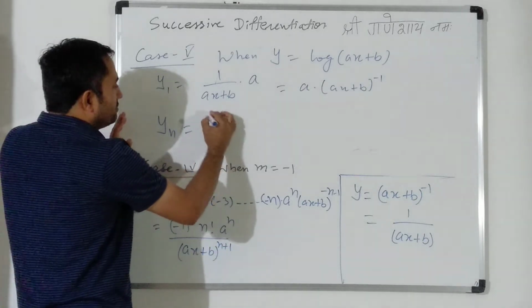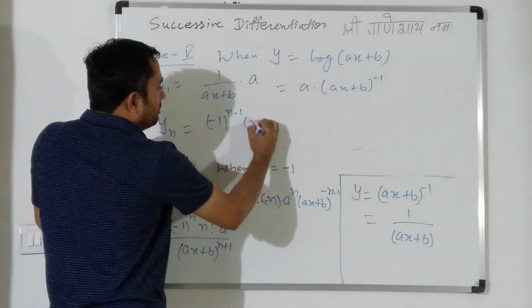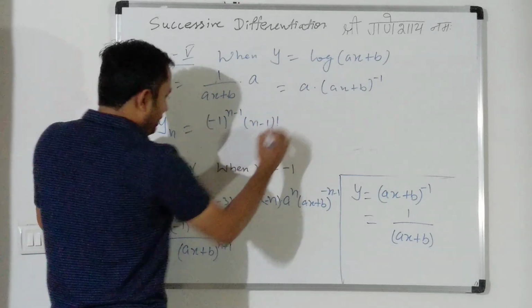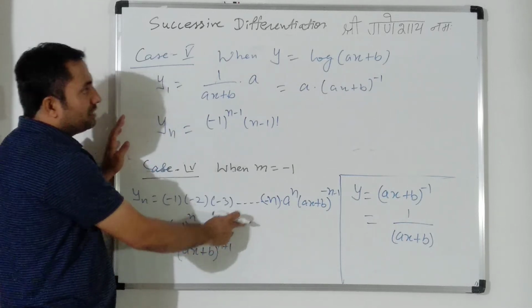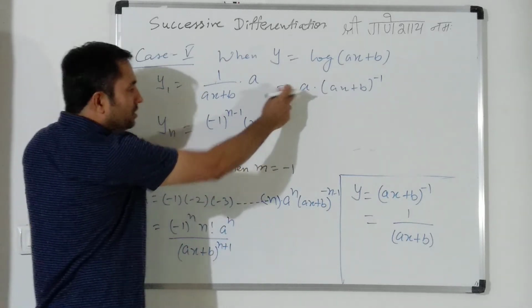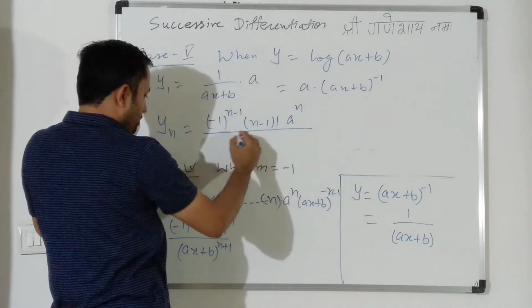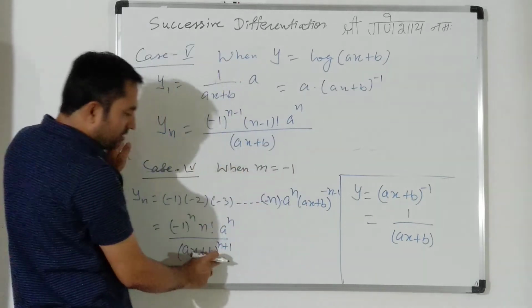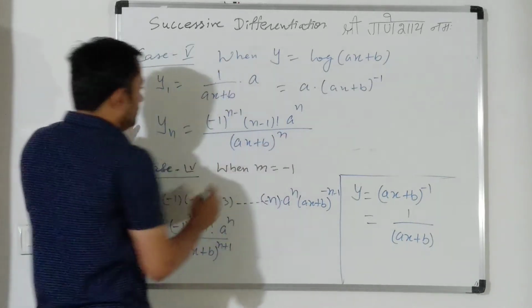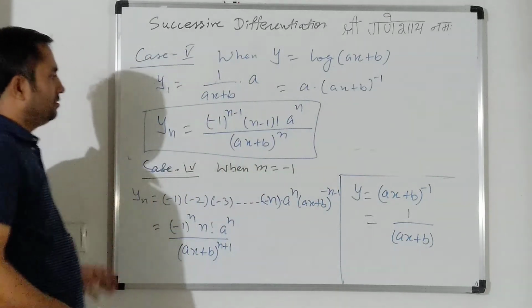So it will be minus 1 to the power n minus 1, here it will be n minus 1 factorial, here this will be a to the power n minus 1, but here we have an extra a, so this will be a to the power n, and in the denominator we get ax plus b to the power n. This we get as the solution for the nth order derivative.